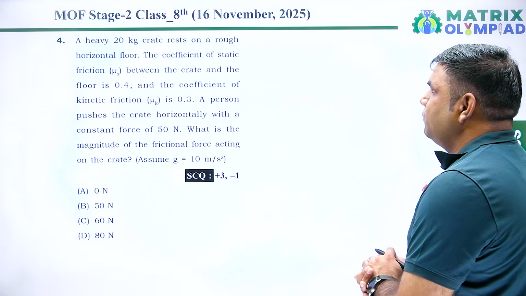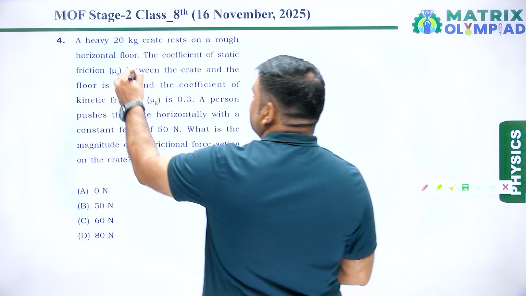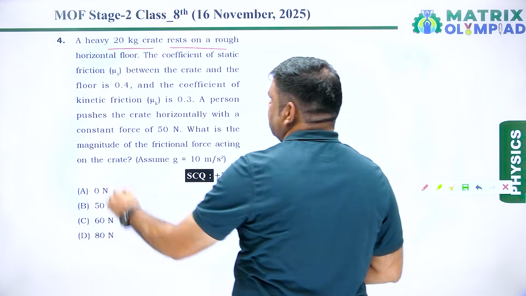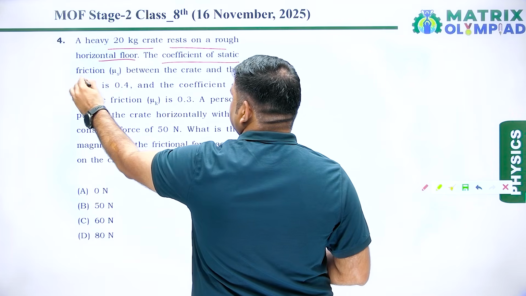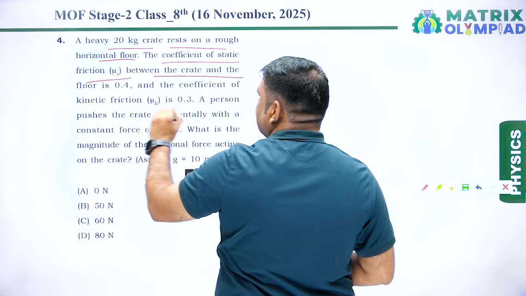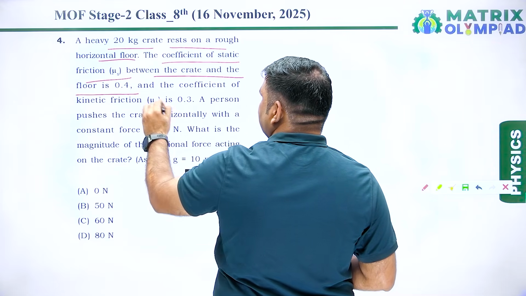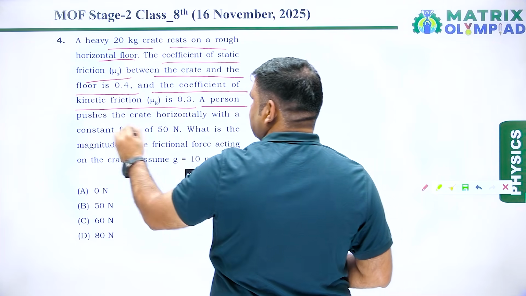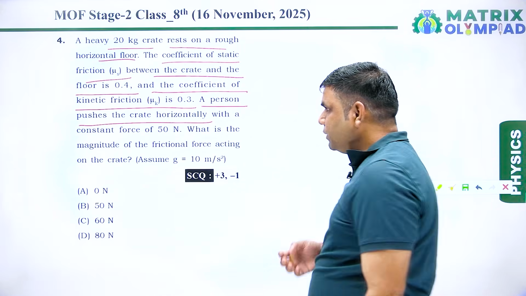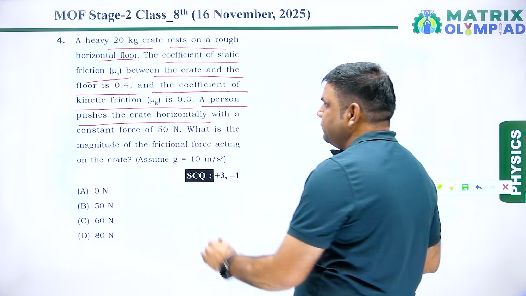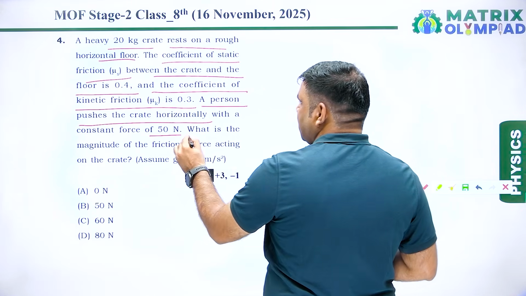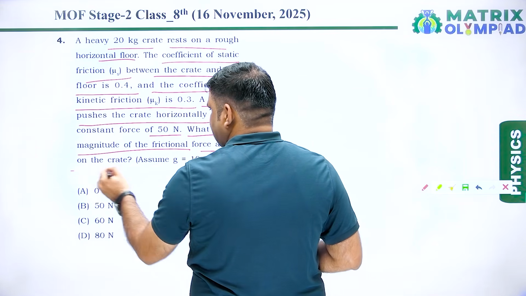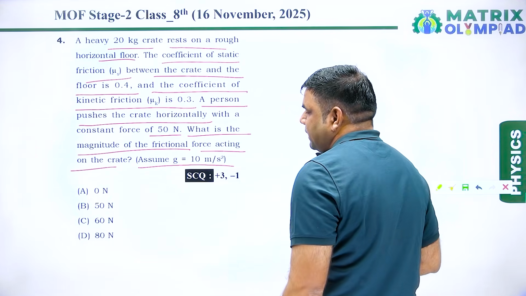In question number 4, a heavy 20 kg carrot rests on a rough horizontal floor. The coefficient of static friction between the carrot and the floor is 0.4 and the coefficient of kinetic friction is 0.3. A person pushes the carrot horizontally with a force of 50 Newton. What is the magnitude of the frictional force acting on the carrot, assuming g is equal to 10?